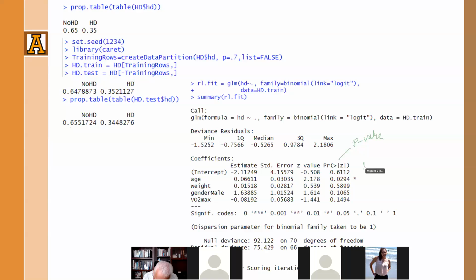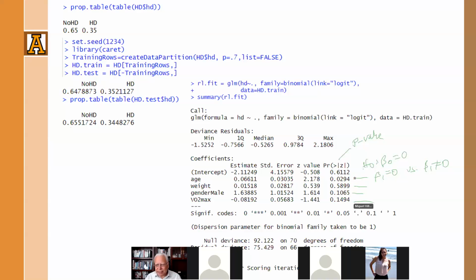In this case it is for the test that the intercept equals 0. And this one is for the test that beta 1 equals 0, versus the alternative that beta 1 is different from 0. Okay, and so on. This is the test for beta 2, for beta 3, and so on.